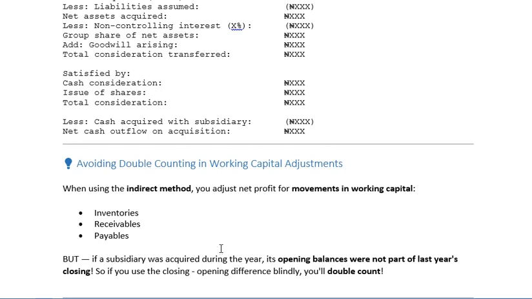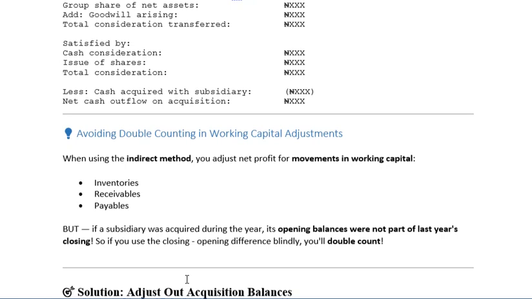The only thing you will not add is your cash at bank, cash in hand, or bank overdraft, because those are cash and cash equivalents. So if a subsidiary was acquired during the year, then your opening balance was not part of last year's closing balance. So if you use the closing minus opening balance, you will double count.